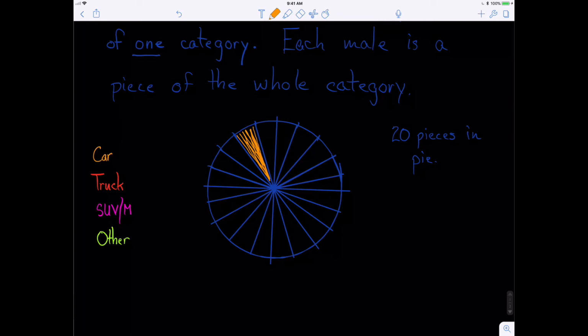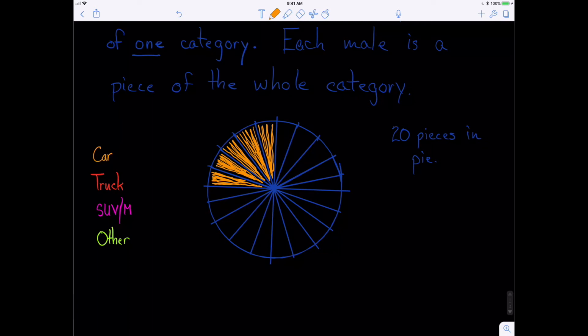So there's one, and if you continue on, you can color 13 pieces of your pie. Now, the only thing that matters when you do this is that these pieces are kept adjacent to each other. Otherwise, it makes a pie that's not very helpful. So standard practice, all the pieces of your pie are adjacent.